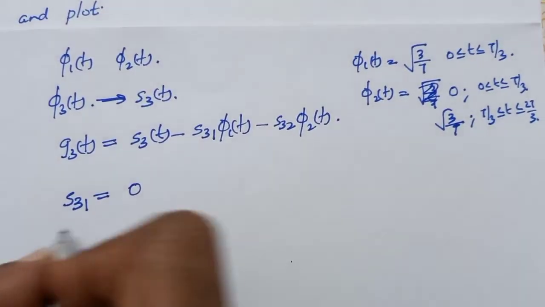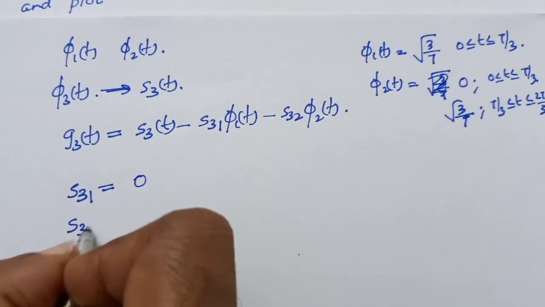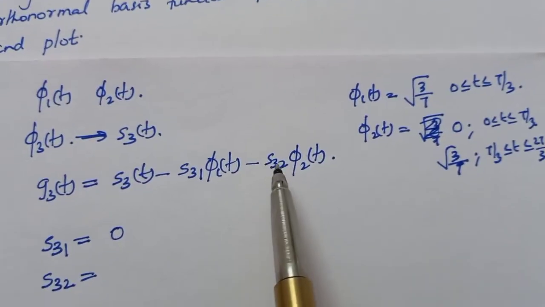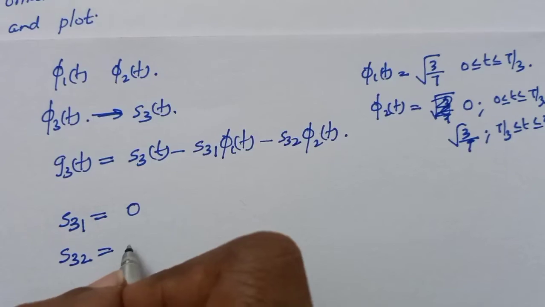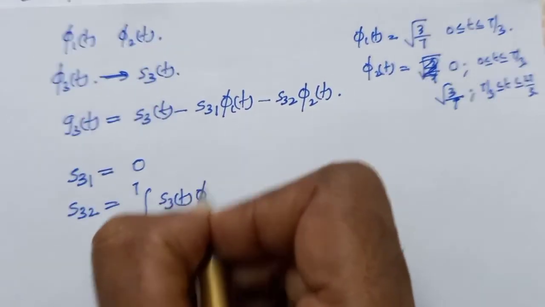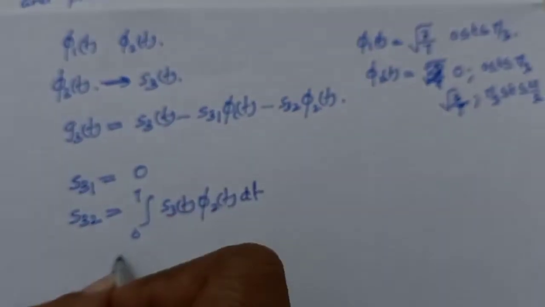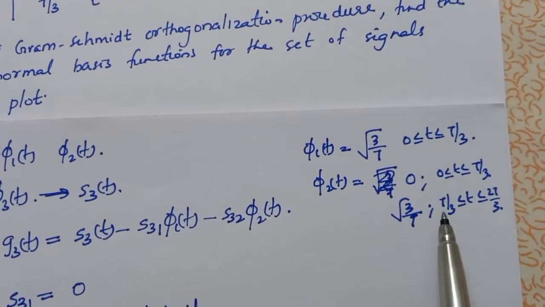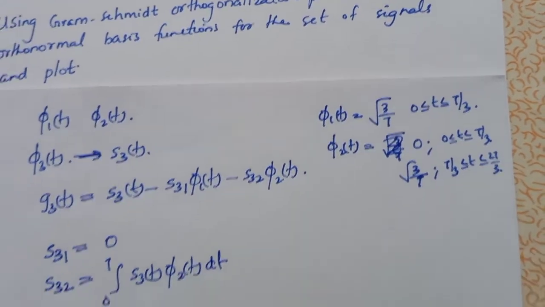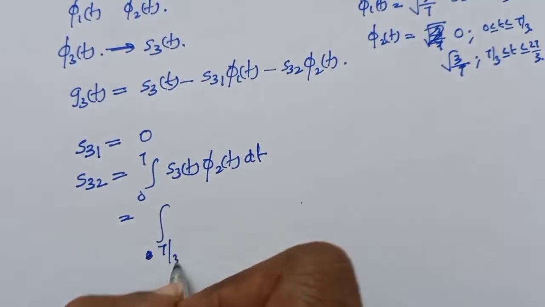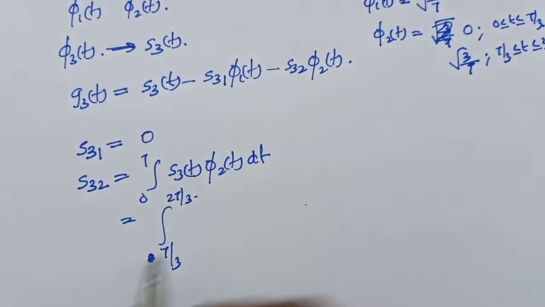Okay, now S32 is the projection of S3(t) on the second axis, that is phi 2(t), that is integral 0 to t of S3(t) phi 2(t) dt. So we know that S3(t) ranges from t by 3 to t, and phi 2(t) ranges from t by 3 to 2t by 3. So I need to consider only t by 3 to 2t by 3.